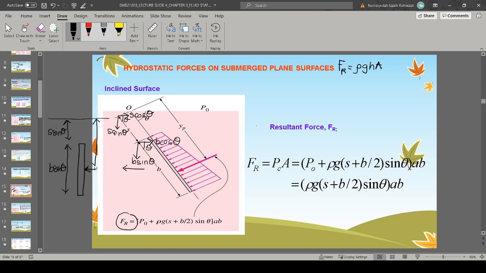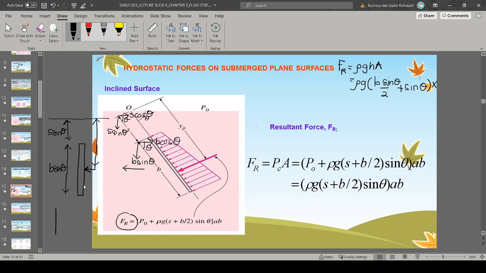So that will include half of the distance b sin theta plus s sin theta, right? So here we'll get rho g, our h will be b sin theta over 2 plus s sin theta, times area. What is this area?